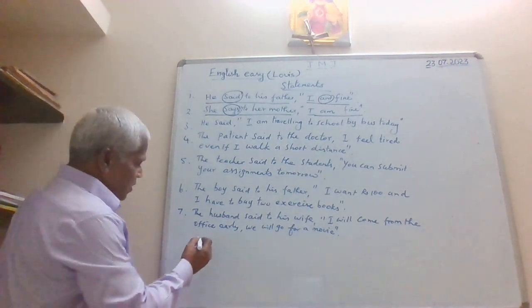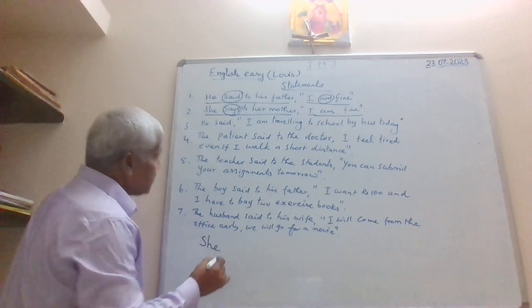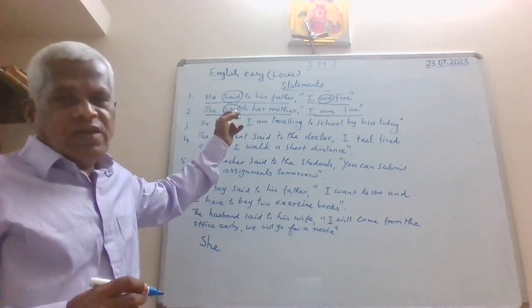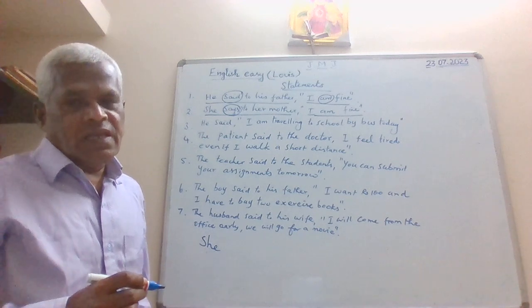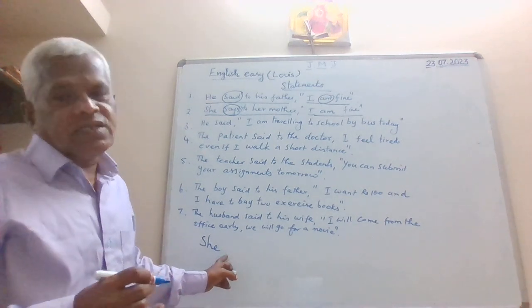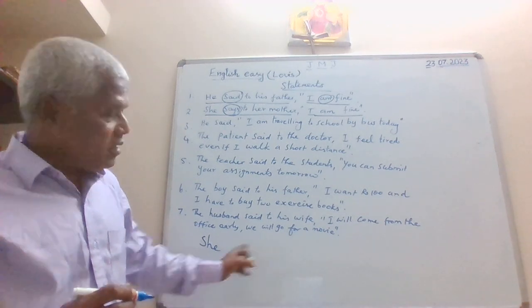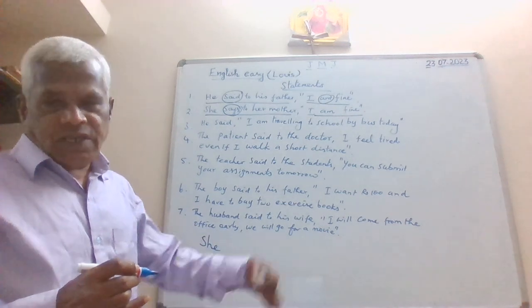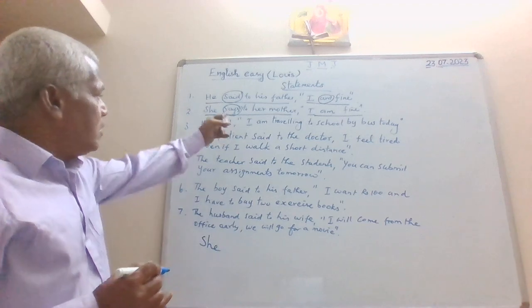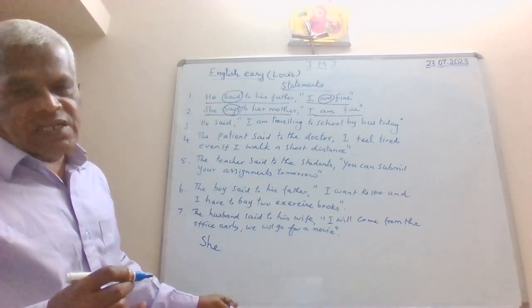Good. Right. She is your subject. And remember, when you have the reporting verb in present tense, you must also maintain the same tense when you are changing the portion within the inverted commas from direct to indirect. Now instead of says, you can write a present tense verb.